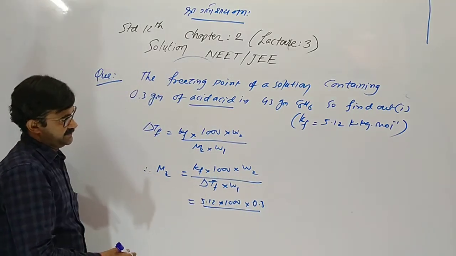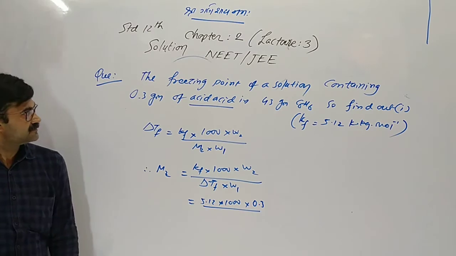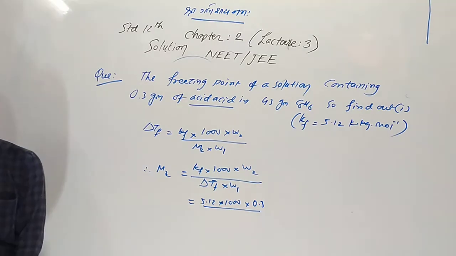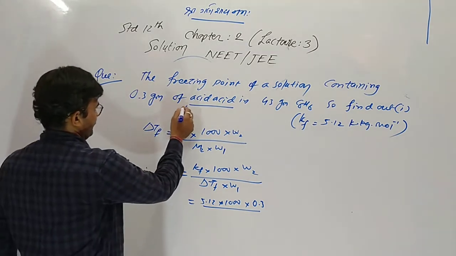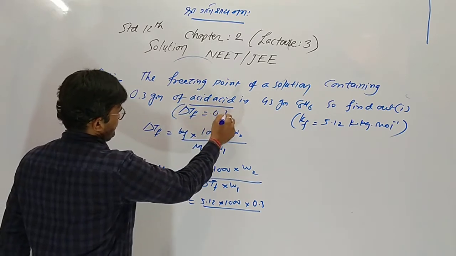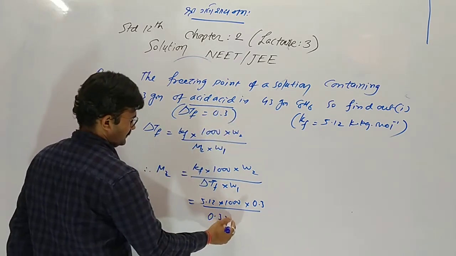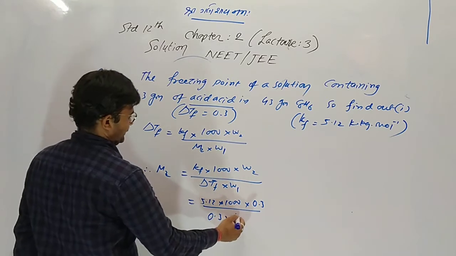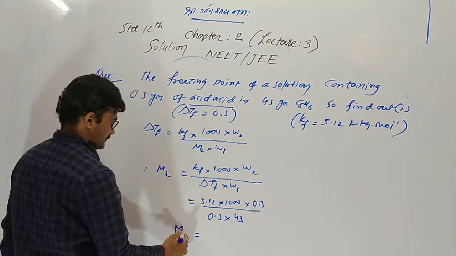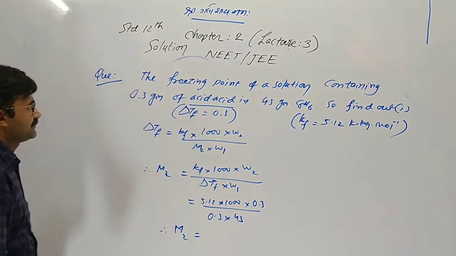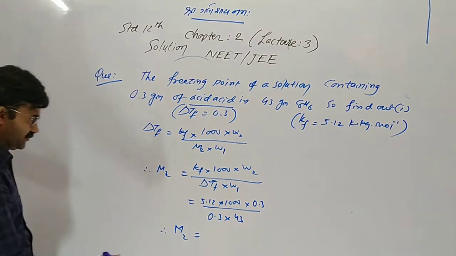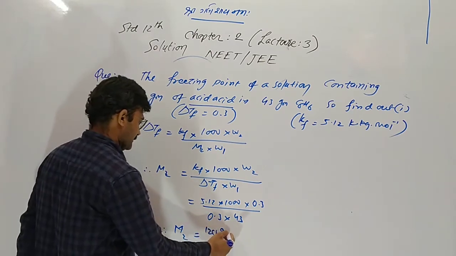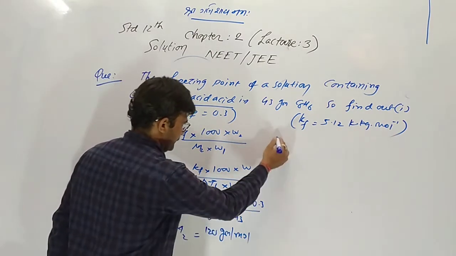Depression in freezing point delta Tf is 0.3, given in the question. Mass of solvent 43. So the practically derived value of molecular mass of acetic acid is 120 gram per mole.